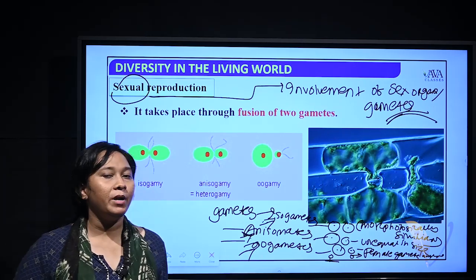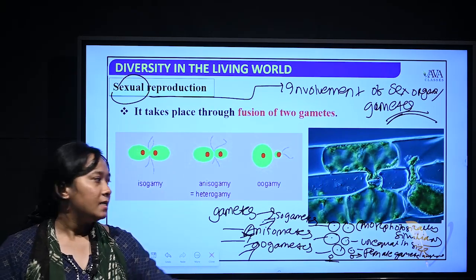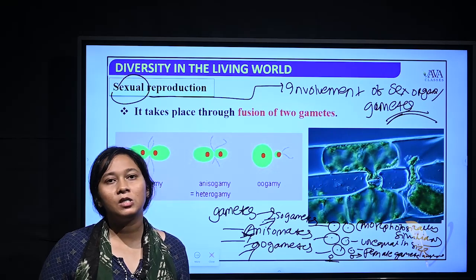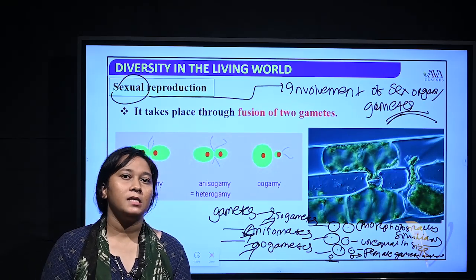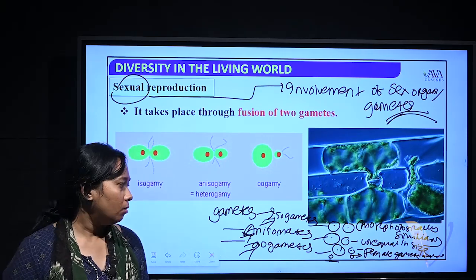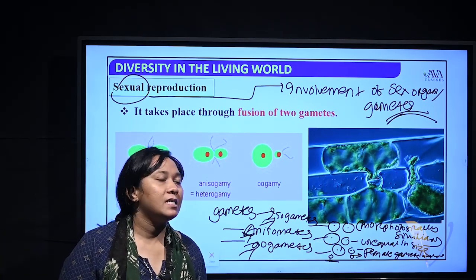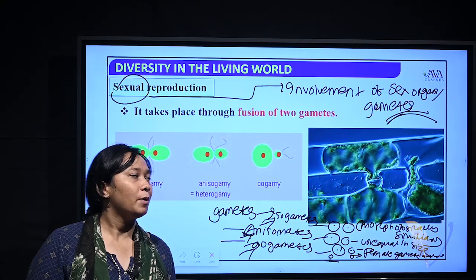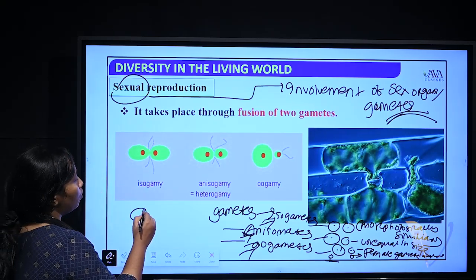In isogametes, both gametes are morphologically similar. In anisogametes, the gametes are morphologically unequal in size. In oogametes, the gametes are unequal, and generally the female is the larger one and the male is the smaller one. And those gametes fuse.